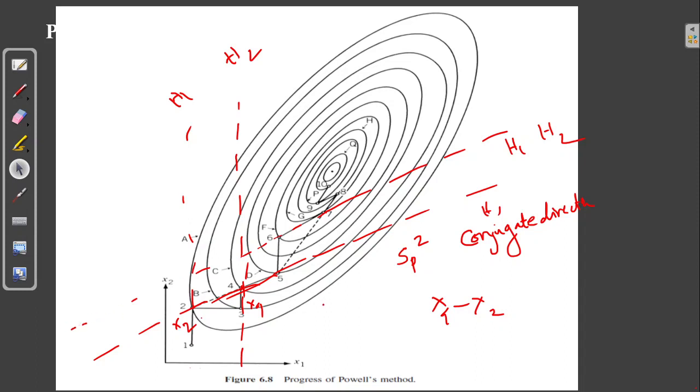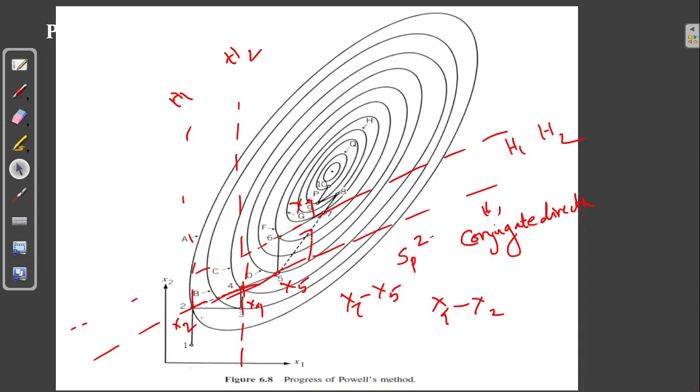The latest point on h1 will be this, x5, and on h2 it will be x7, so that we got another conjugate direction, x7 minus x5, directed from x5 to x7 like this.